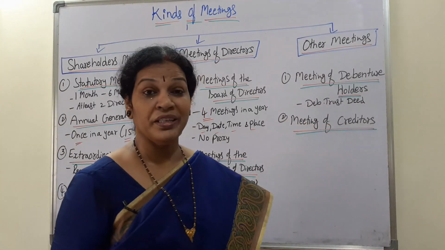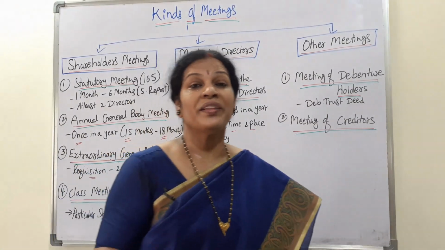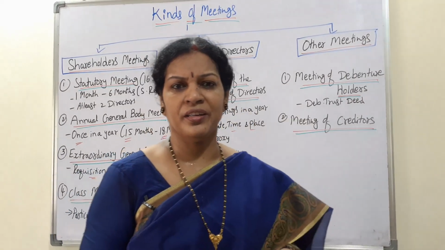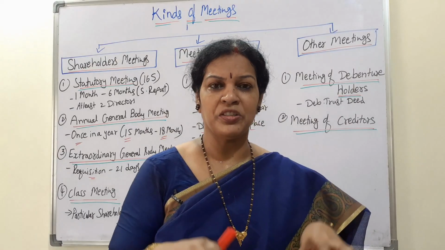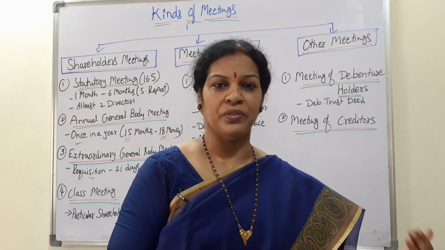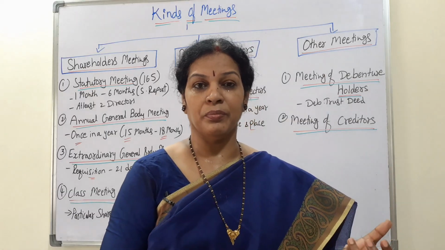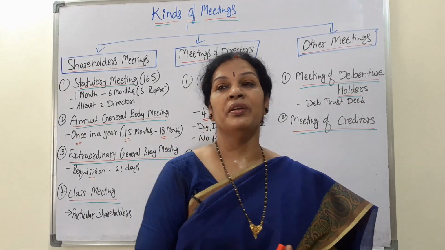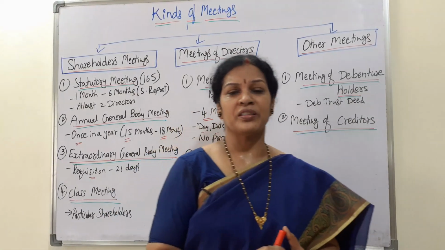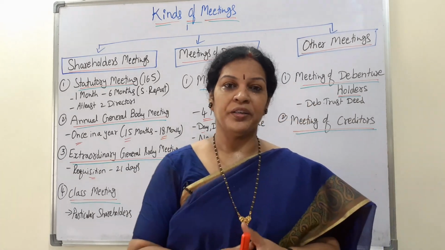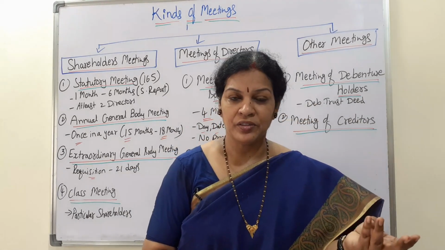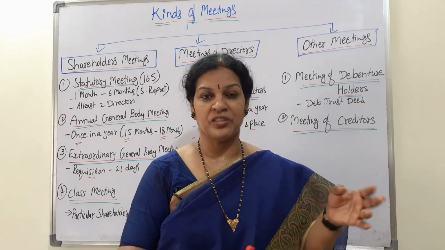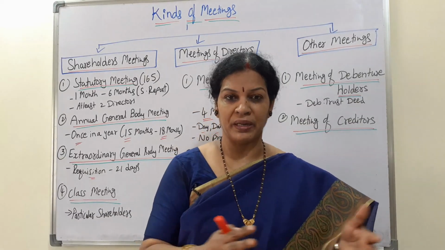Next one is the meeting of creditors. Who are the creditors? Generally those from whom we take a large loan, a large supply of money. We call these people creditors. Generally it will be bankers who supply a bulk quantity of capital, or otherwise financial institutions, outside financial institutions, private or public.